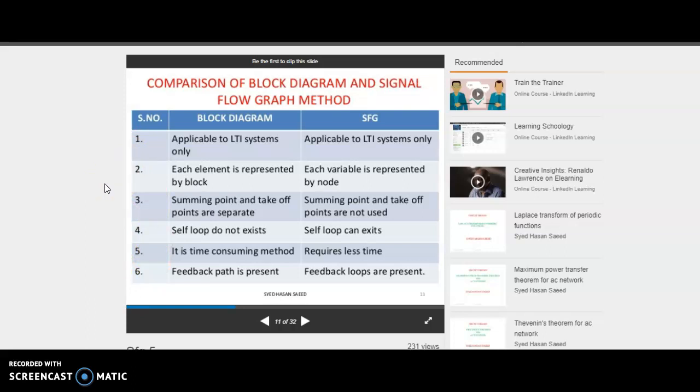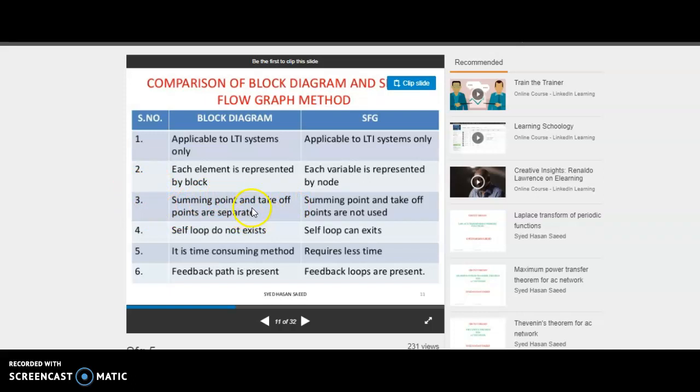First, both methods are applicable to linear time invariant systems only. Second, in a block diagram each element is represented by a block, and for SFG each variable is represented by a node. Number 3, in a block diagram the summing point and take off point are separate.